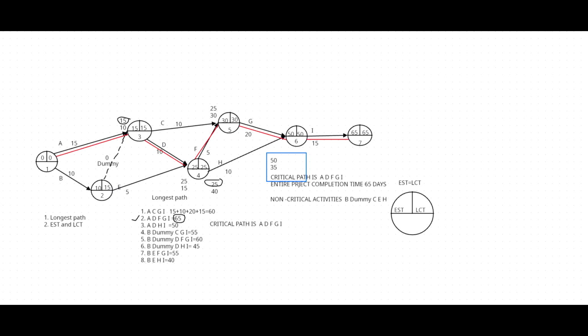After 65 days, we already identified here. If we complete all the activity durations, we require 100 days.